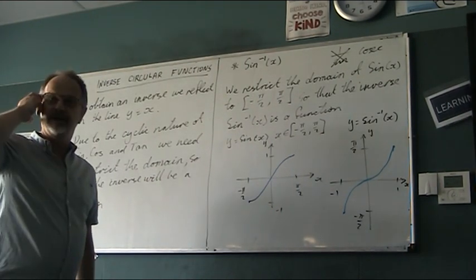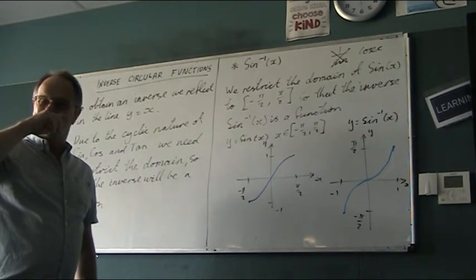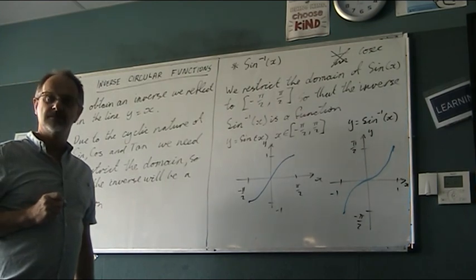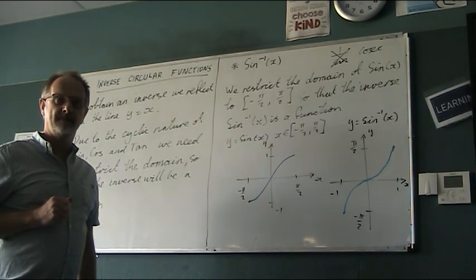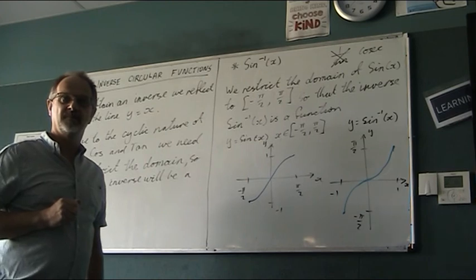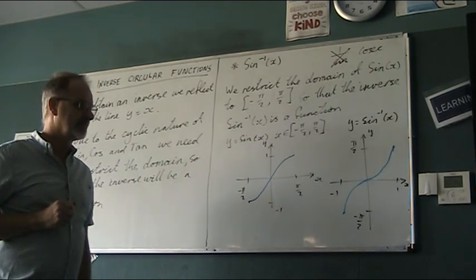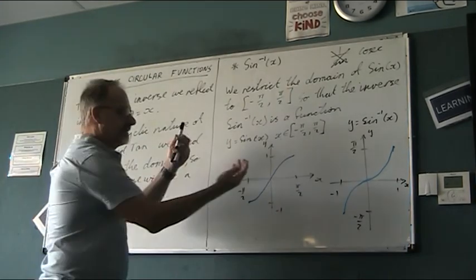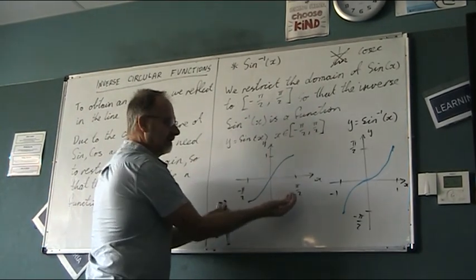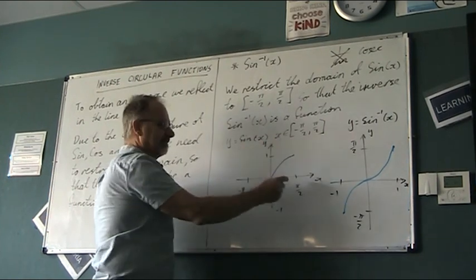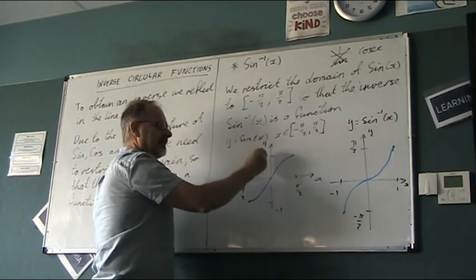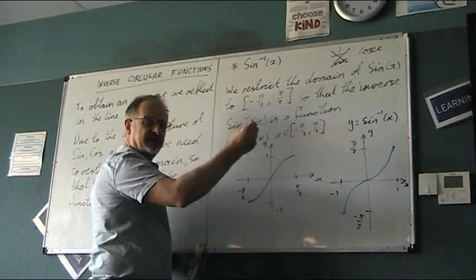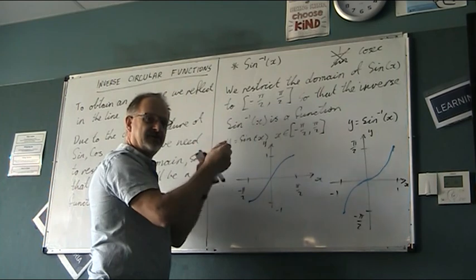All right, anything there that you want me to just go over again? No? Have you swapped the y to x? So when we reflect in the line y equals x, that gets reflected up, so your x and your y swap. So if we were doing it algebraically, we'd swap the x and the y and then rearrange, wouldn't we?